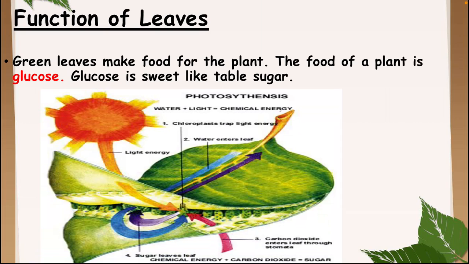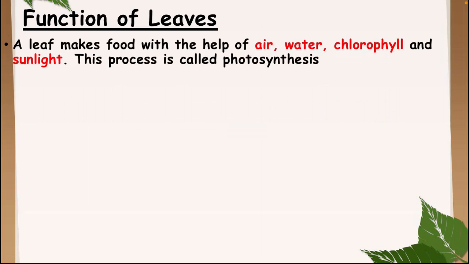The sugar is typically transported to the roots and shoots of the plant to support growth, because glucose is the food for the plant. A leaf makes food with the help of air, water, chlorophyll and sunlight.